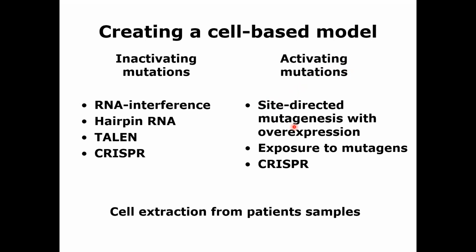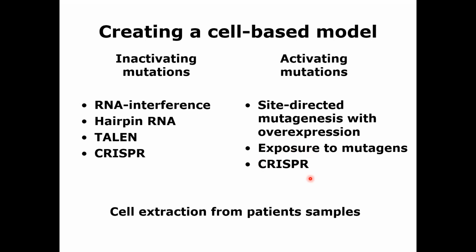Or we can just go directly to exposure to mutagens. For example, the prostate cancer model includes just giving mechanical alterations, permanent mechanical alterations to a rat prostate. Or we can also use CRISPR for introducing activating mutations.